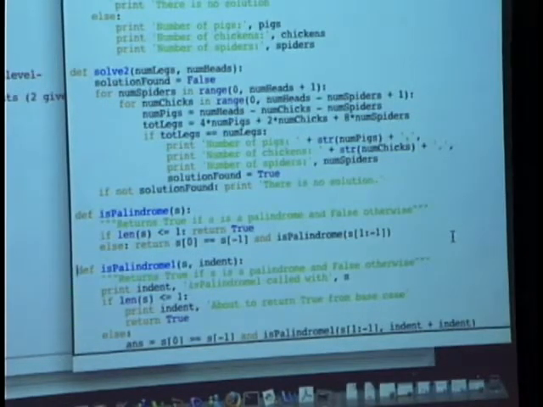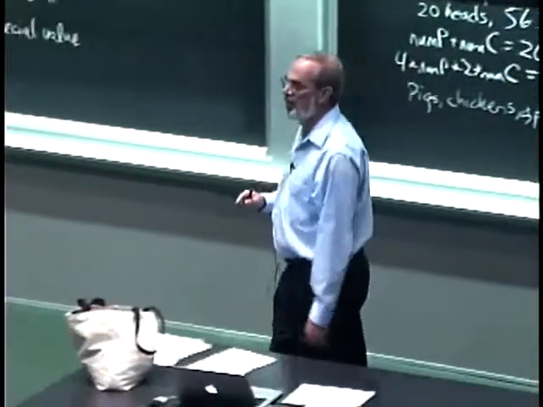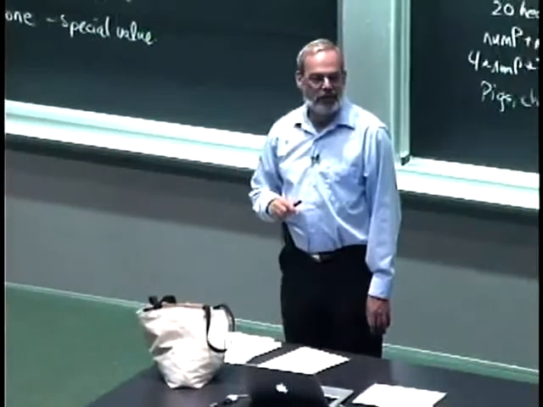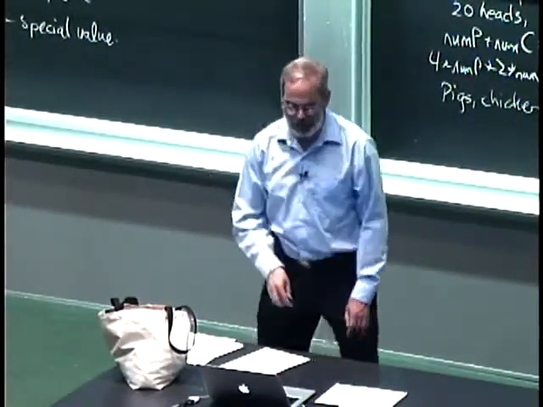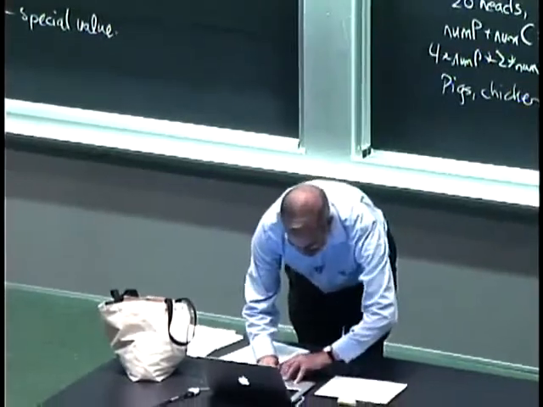Otherwise, I'm going to check to see, is the first and last, there's that -1 indexing, element of the string the same? And if that's true, is everything in the string starting at the first element and removing the last element a palindrome? I remind you, by saying first element, remember we start at 0 as the initial indexing point. Wonderful recursive definition.